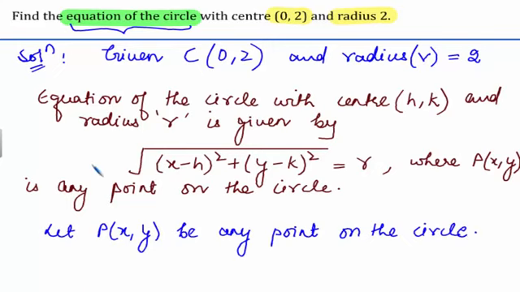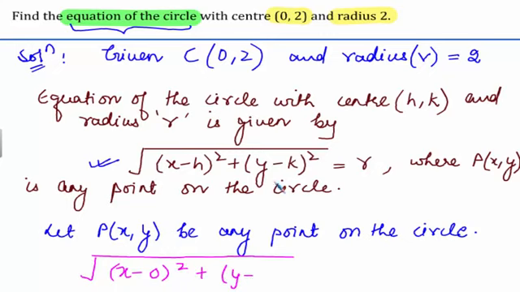Therefore, by the formula, it is given by square root of (x minus h, which is 0) whole square plus (y minus k, which is 2 here) whole square is equal to R, and R is 2.